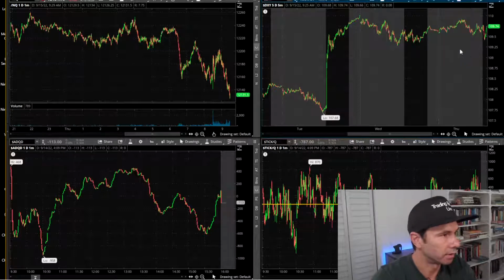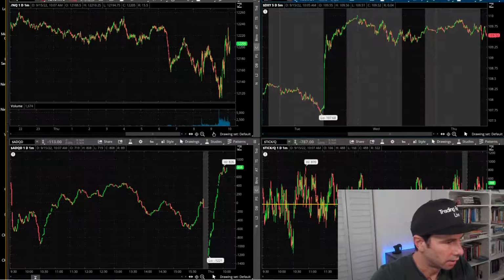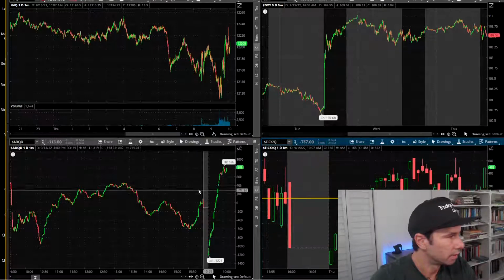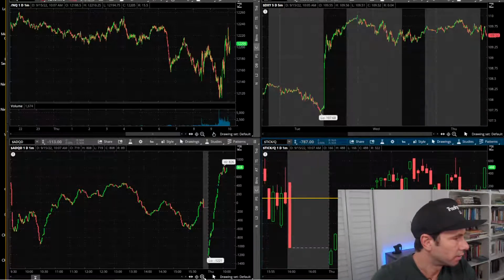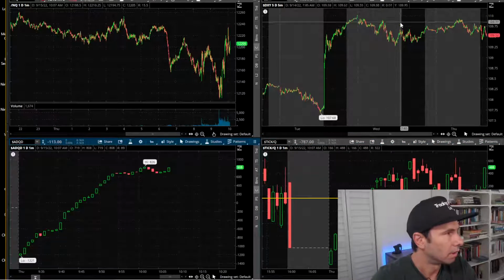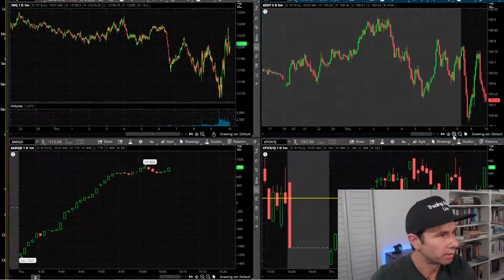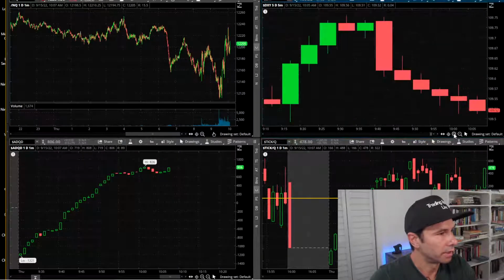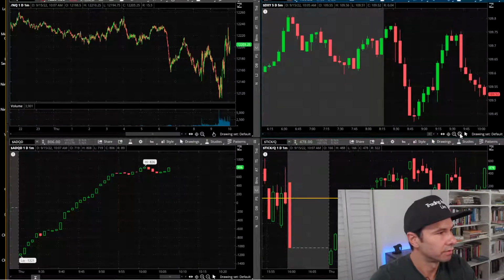So I have a couple minutes here. All right, this is the tick chart, and this is the ADQD. I do have the dollar as well right here. The dollar is on 5 minutes, and the tick chart is on 1 minute.